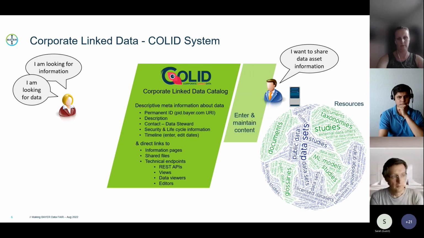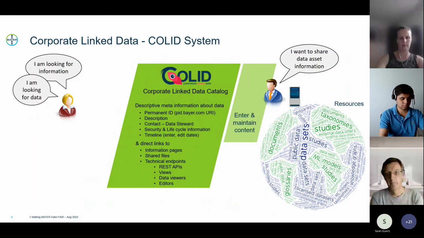What do we do? We register the assets with a basic set of metadata. That is enough to describe what the asset is, what you can do with it, what the content is. The metadata fields are different depending on what you want to register. So for instance, the machine learning model has different metadata from a database data set or from a clinical study.